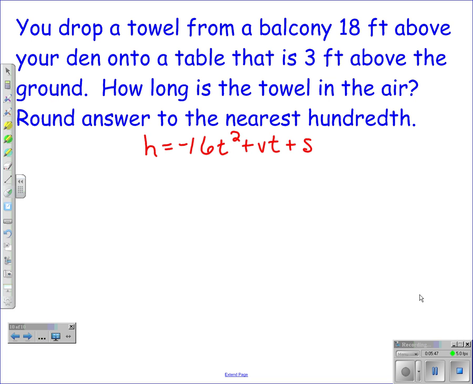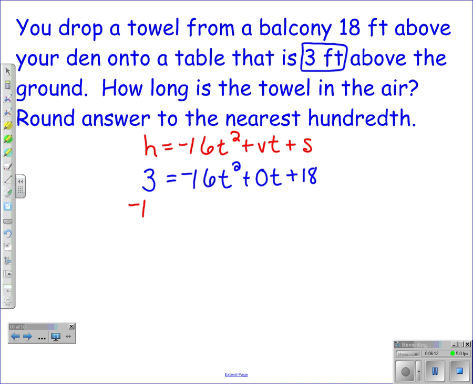We want to know the time for when it hits 3 feet above the ground, so we're going to put 3 in for h. Negative 16t squared, we want to find t. Velocity, if you're dropping the towel, that means you give no velocity to the towel, so we put in a 0. And it starts 18 feet up in the air.